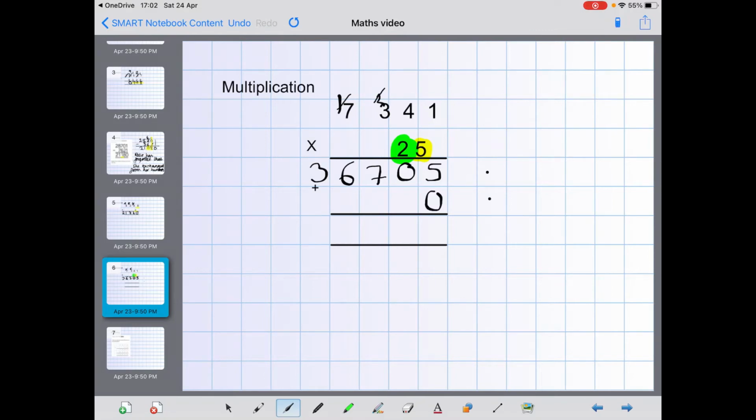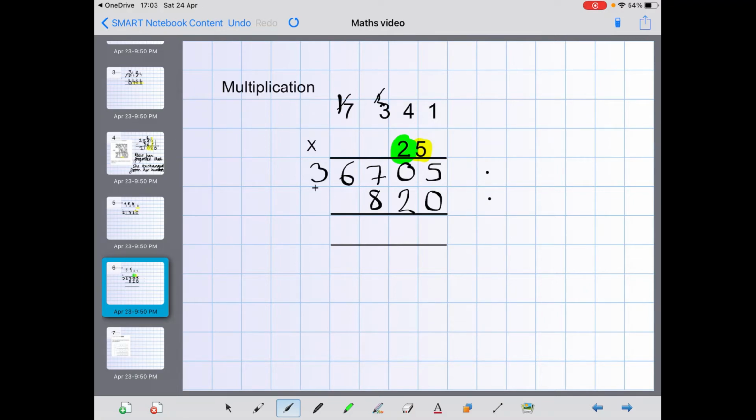So you pop in your placeholder of 0 to show that you will not have ones, and to show that you are now multiplying by 10 and not by ones. When we then multiply, we can see 20 multiplied by 1 would give me 20. So I can put my 2 in my tens column to represent 20. 20 multiplied by 40 gives me 800. So I put my 8 in my hundreds column.